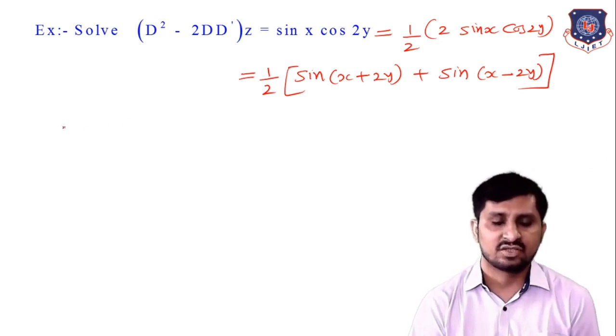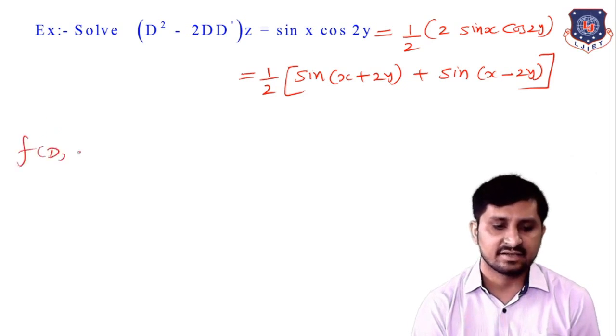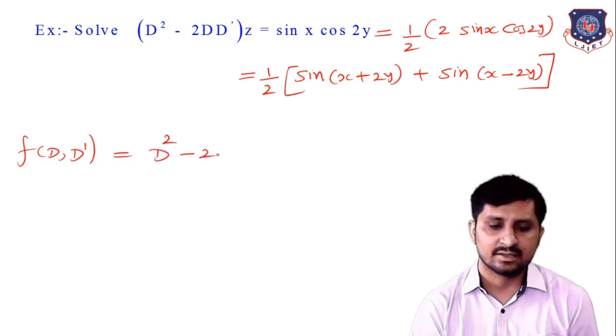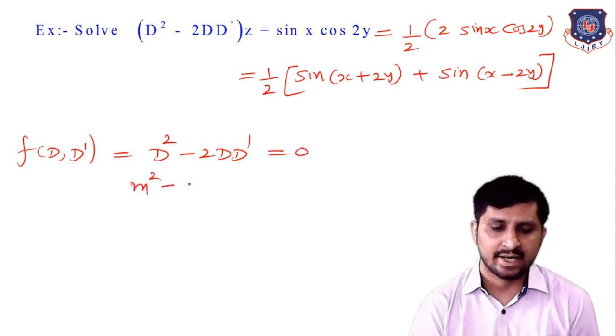Now, first of all, we find the complementary function. So what is my f of D dash? F of D dash is equal to D square minus 2 D dash, that is equal to 0. So m square minus 2m is equal to 0. So m will be common: m into (m minus 2) is equal to 0.